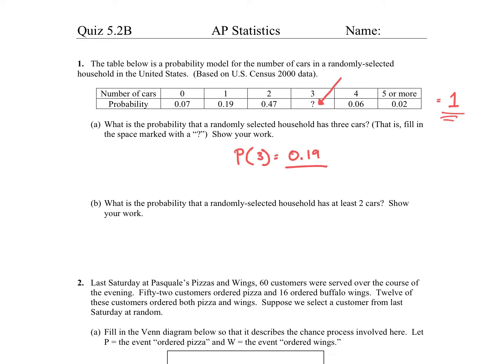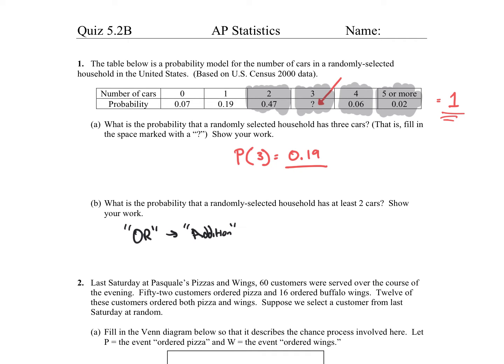What's the probability a randomly selected household has at least 2 cars? Check this out visually. At least 2 cars means 2 or 3 or 4 or 5 or more. Remember we said when we use the term or, I want you to think of addition.